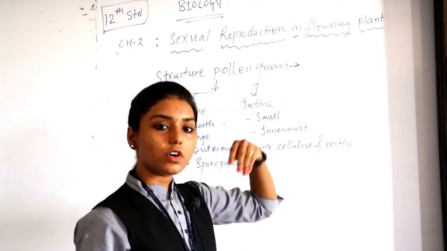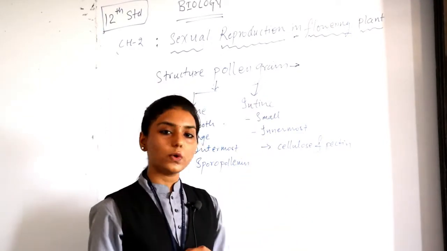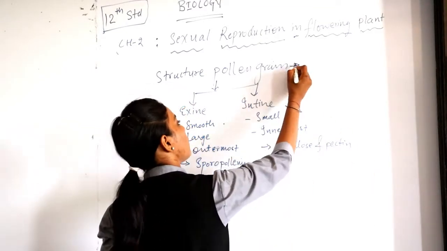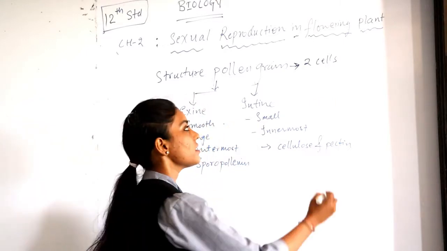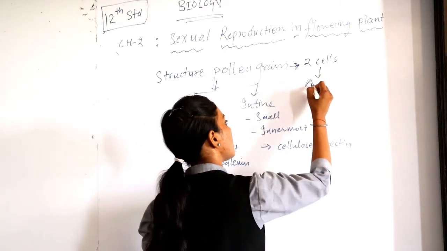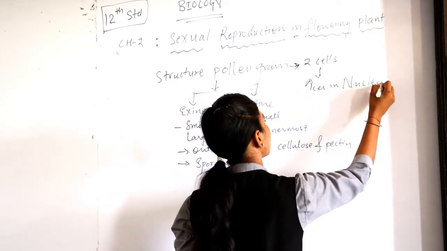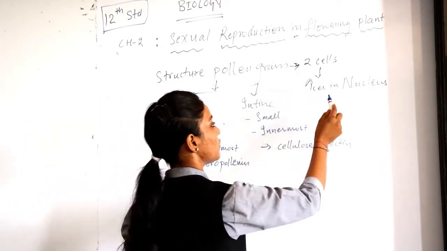These cells are formed as a result of what? Please try to recall the thing that I have told. This cell formation is a result of increase in the nucleus. When the nucleus increases, it forms two types of cell.